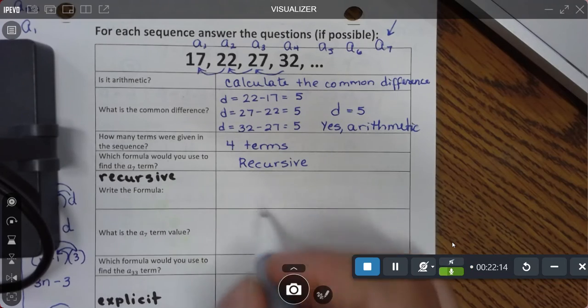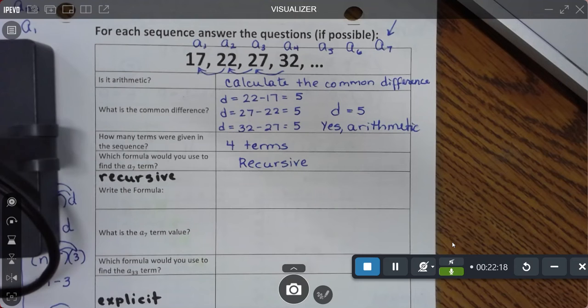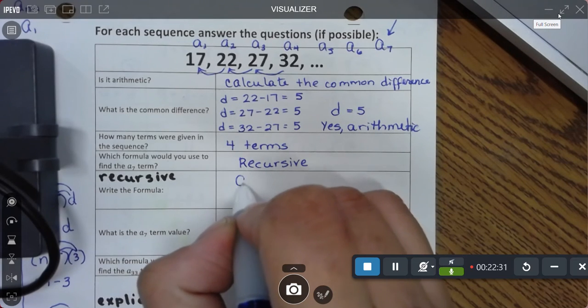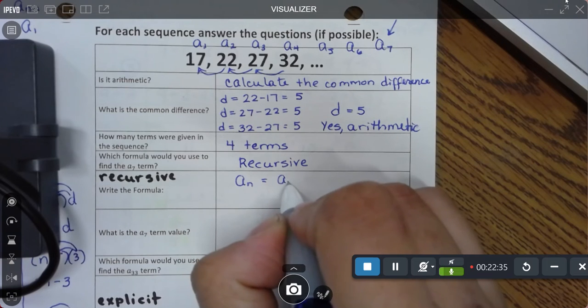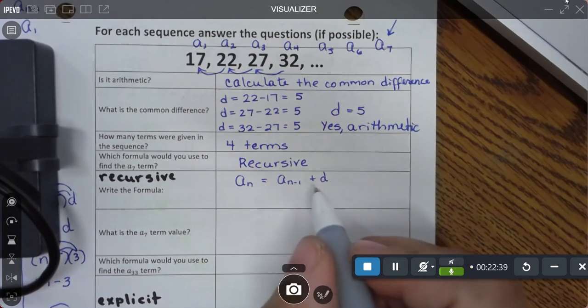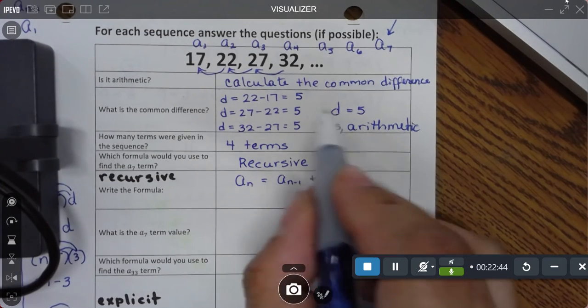All right, so the recursive formula, looking at the notes. Y'all ready? You should have it right next to you, right? I can't move the camera, so what is the recursive formula for arithmetic? How do we read that? A sub n equals A sub n minus 1 plus d. And the only thing that's going to be substituted in here is the 5, the d.